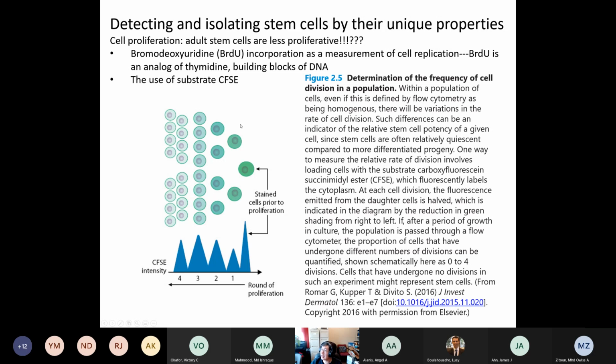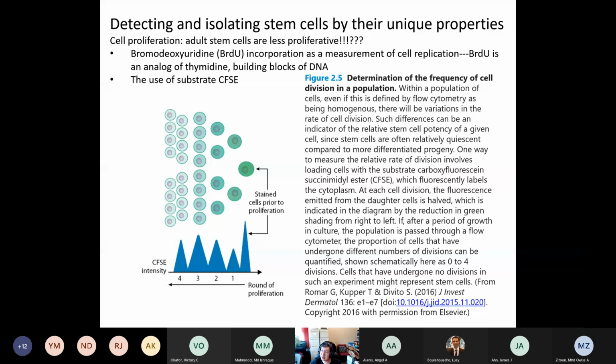And then you will collect the cells that have the highest intensity, because those cells didn't go through differentiation, they didn't go through proliferation. So those cells are likely adult stem cells. Okay, so there are many other ways of stem cell isolation. Today, I just introduced to you mainly 3 categories. One is cell surface markers using fluorescence techniques.